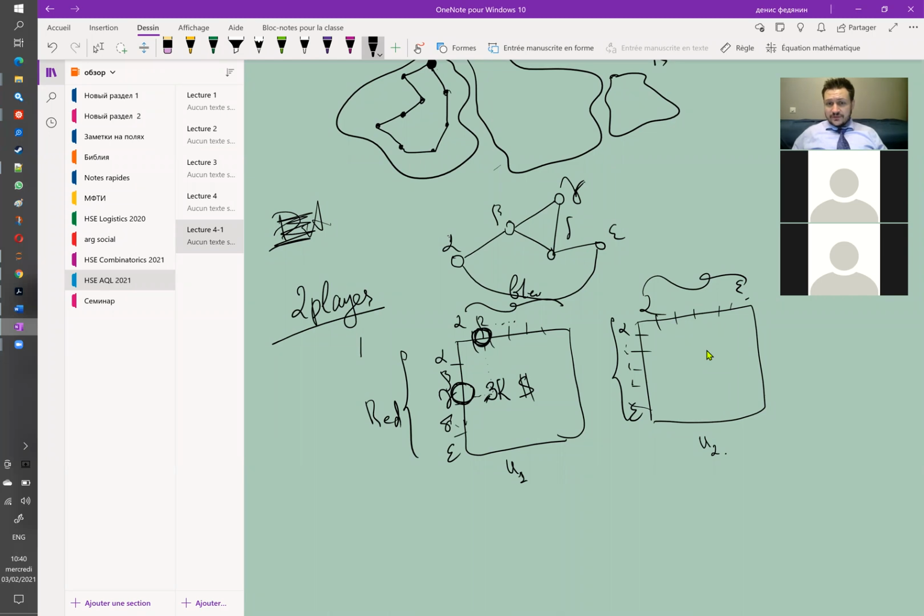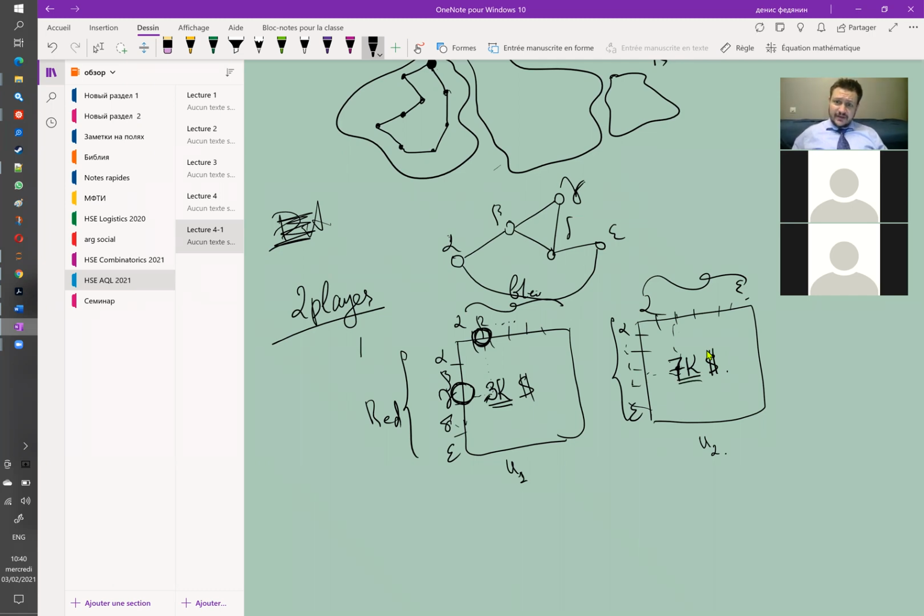But what is the utility for the blue player? The blue player, for the same choice, may not have 3, it's not obligatory. He can have $7K a day, for example. So this is the utility for red, and this is the utility for blue.